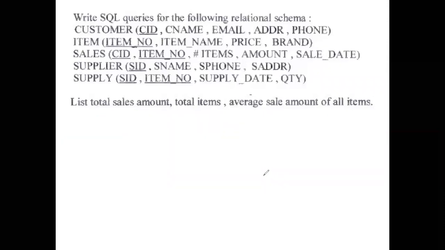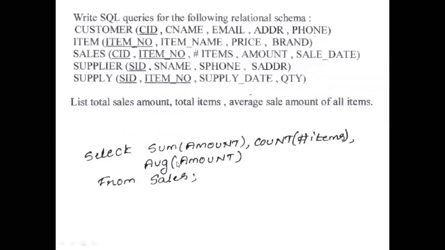So the query will look like this. So select sum of amount. Total items means we can use sum if we want to add this particular column, or if we want the number of items, then we can use count.